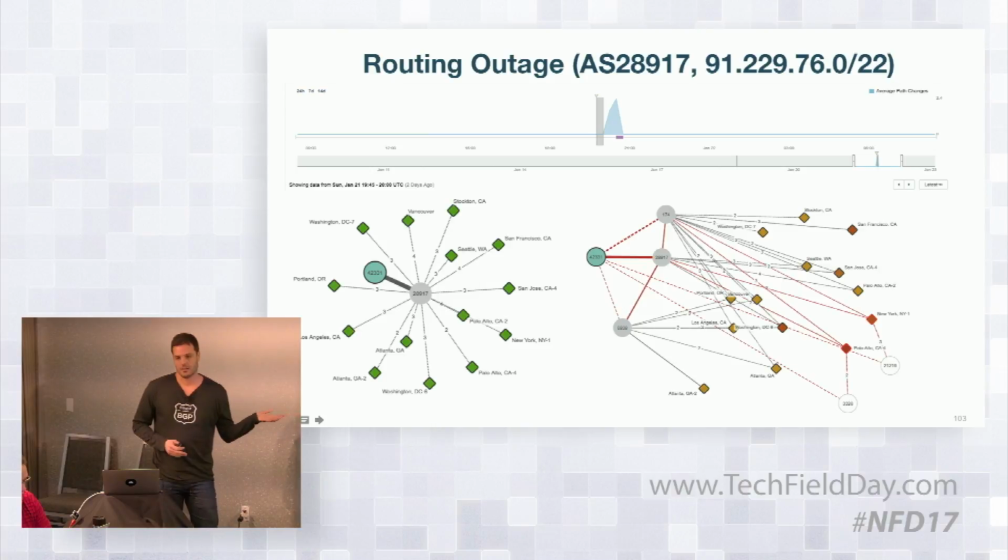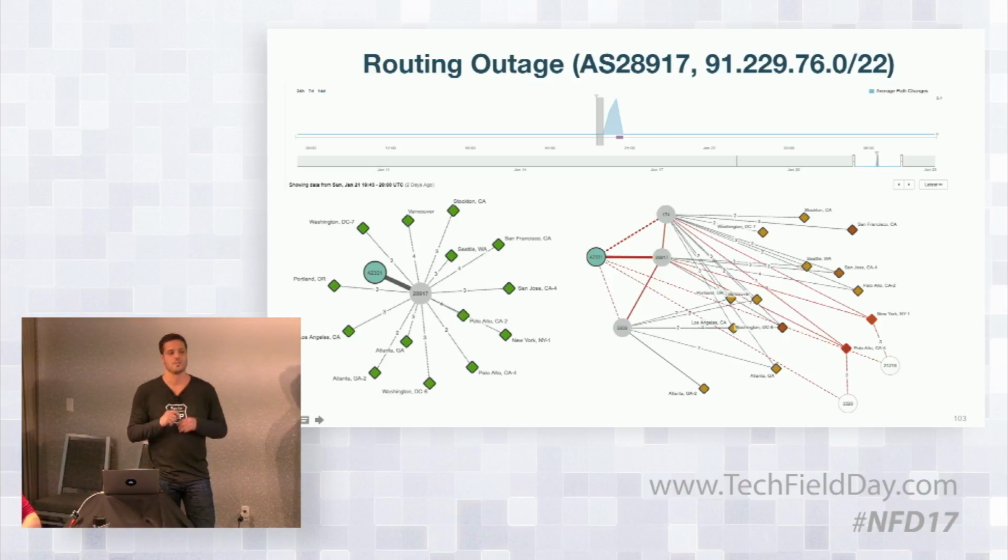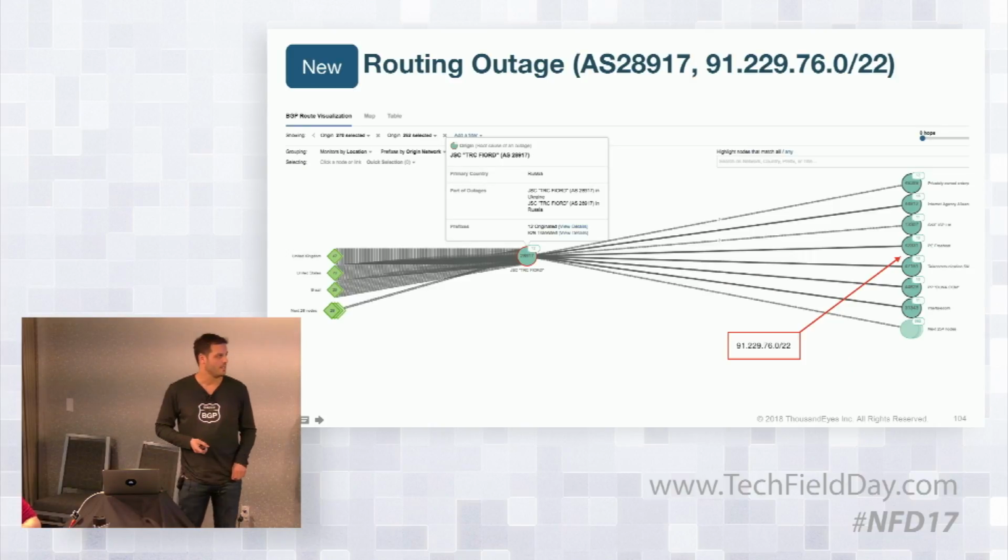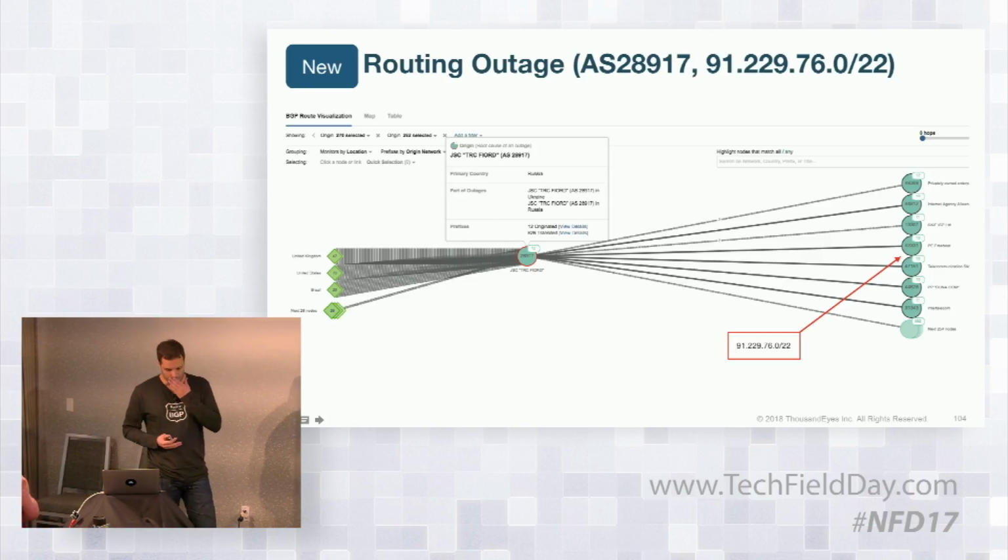This is our BGP visualization. We know there was something wrong with that prefix. And the purple dot there on top is the indicator we have for outages. So we know there was a routing outage happening at the same time. And this is the new routing visualization of outages, where you can drill more into the outage. What you can see here on the left-hand side are all the routers that we get BGP feeds from, grouped by location.